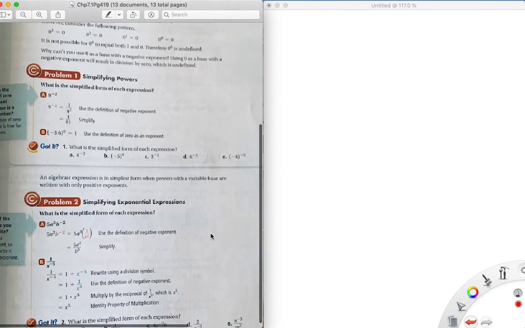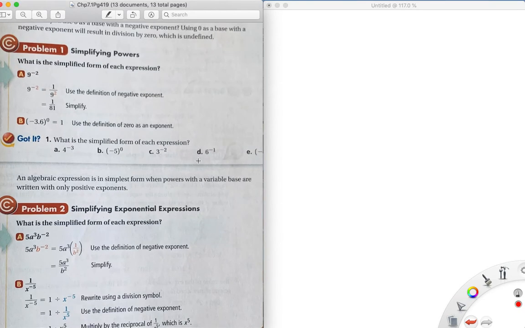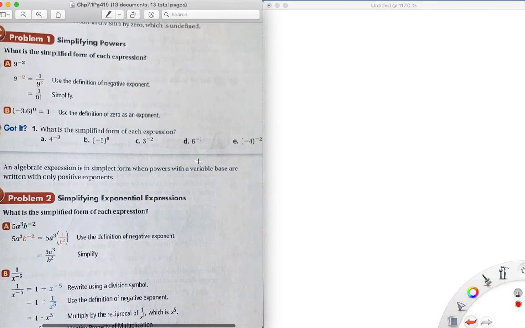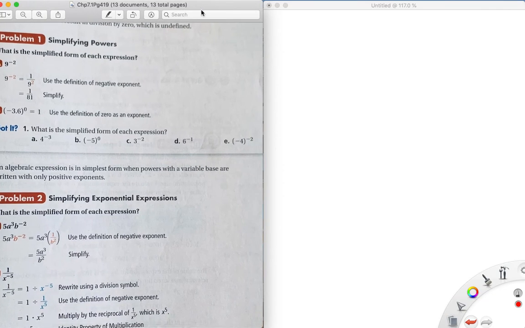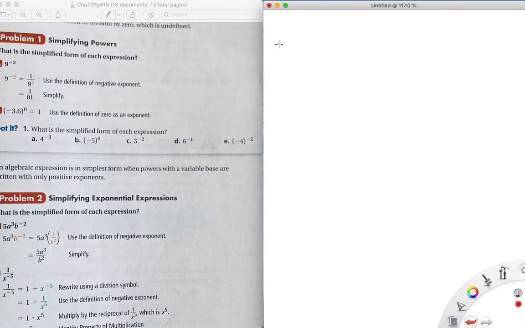I'm just going to do a couple problems, not a lot. So number 1B says negative 5 to the 0. Whoops, sorry.